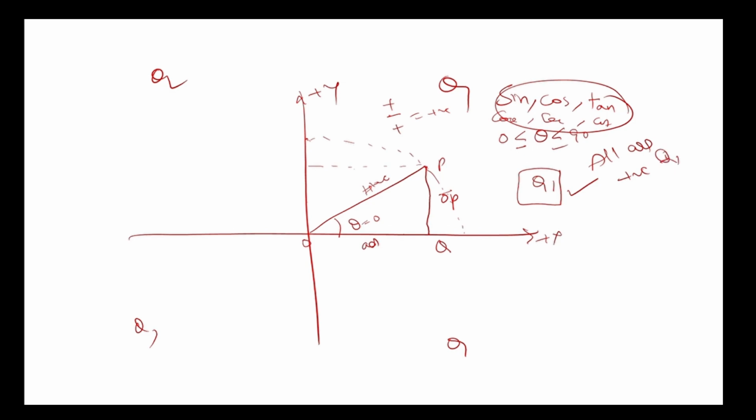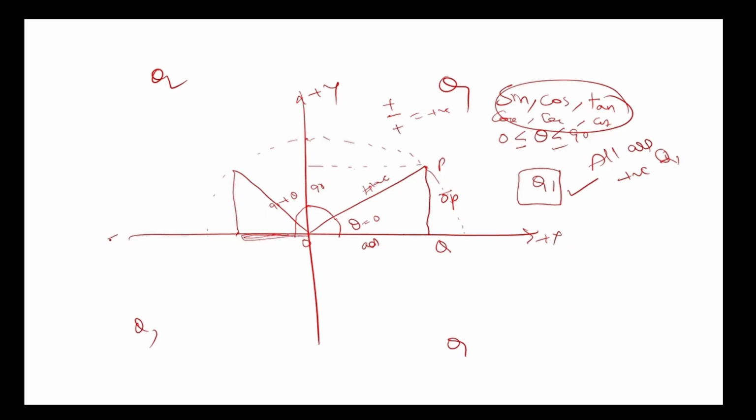Now what happens if it is quadrant 2? In quadrant 2, the angle is 90 plus theta up to 180, or 180 minus theta. Now we will see what happens for all the trigonometric ratios.